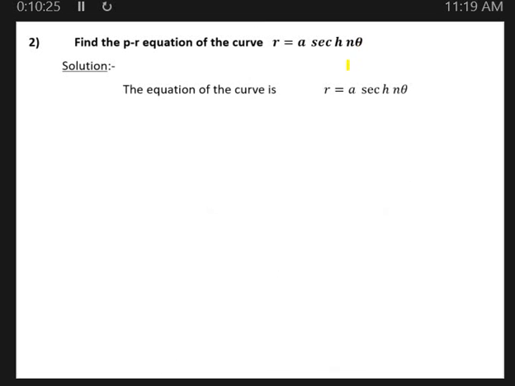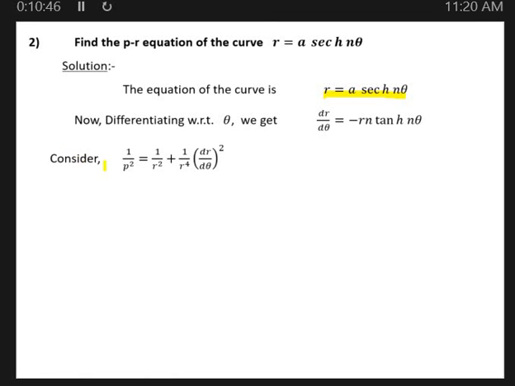Here the given curve is r is equal to a secant hyperbolic n theta. Now differentiating this with respect to theta, we get dr by d theta is equal to minus rn tan hyperbolic n theta. Now consider the equation 1 by p square is equal to 1 by r square plus 1 by r to the power of 4 into dr by d theta whole square.